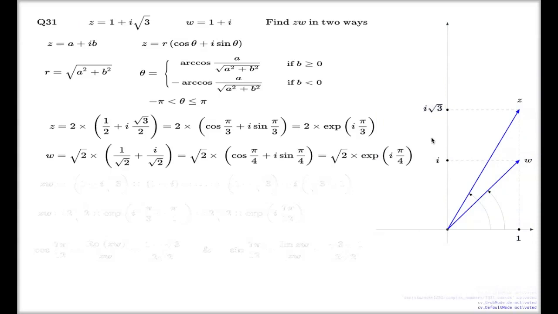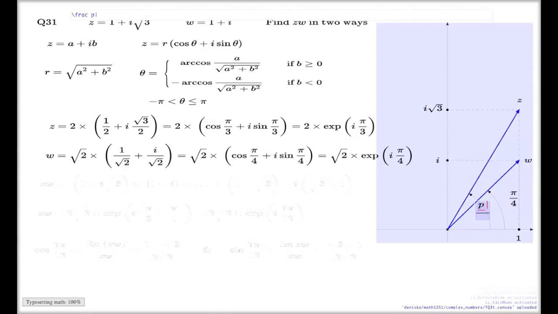And we now know the angles, or we know the lengths of these vectors, right? This is a root 2 length, here it is. This is exactly 2, here it is, the absolute value, the modulus. We also know the angles. This angle is pi on 4. And this angle is pi on 3.